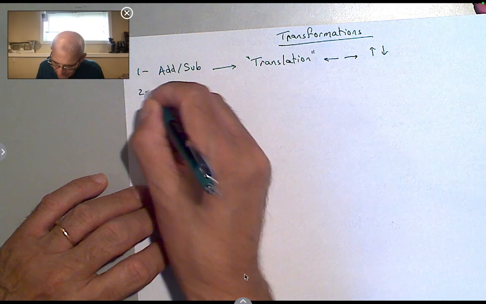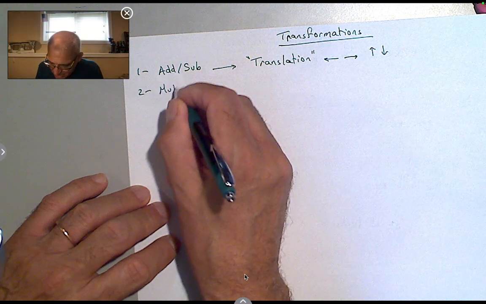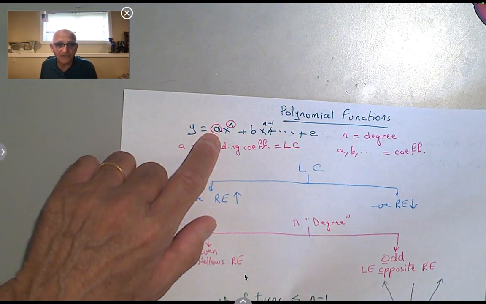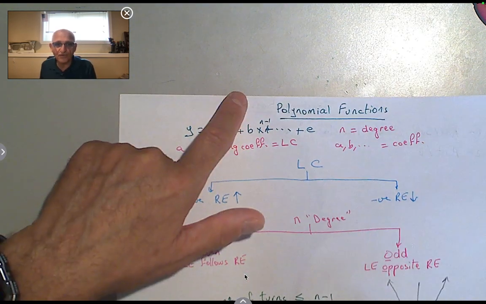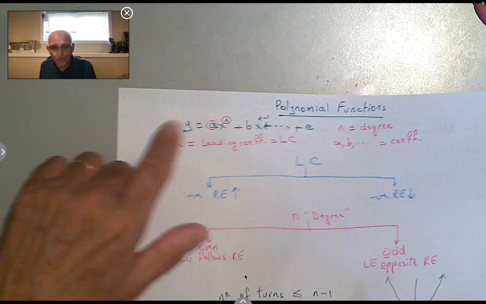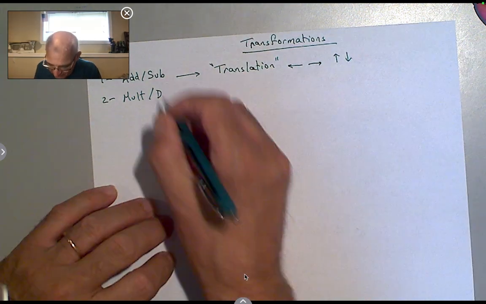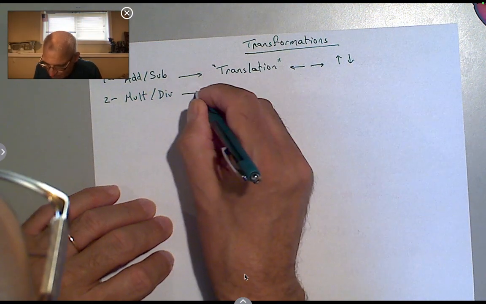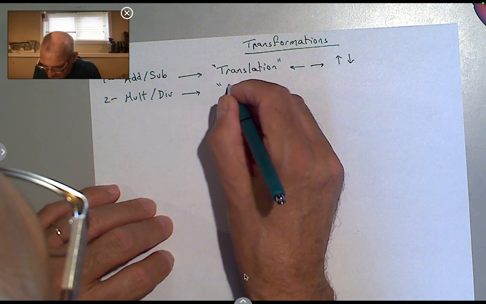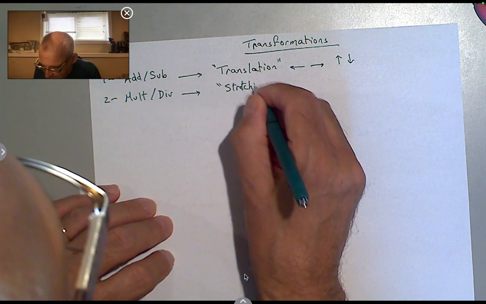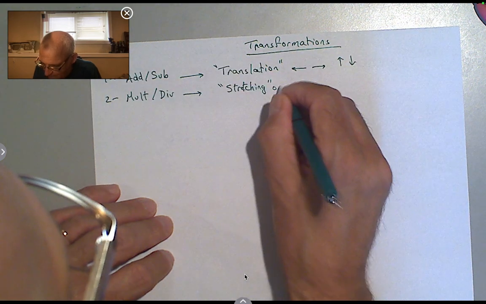Number two, if I have multiplication or division, so if a is not 1, so if it's 2x to the 4th, or 4y, or x over 2 quantity squared, if it's multiplied or divided, we will end up with either stretching or shrinking.